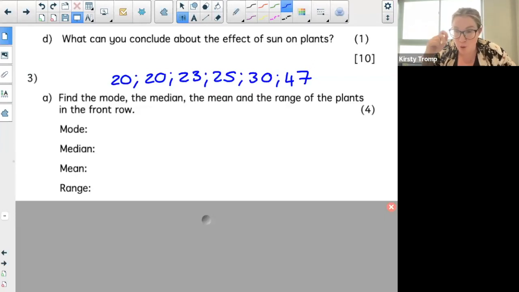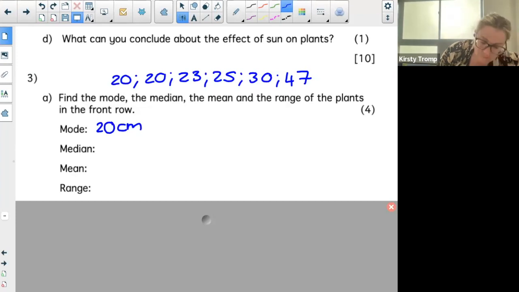Mode, most popular. Mode, mo means most popular. So the mode in all of these numbers is going to be 20. And not just 20 centimeters. So the most popular one, the one that appears more than once, is 20.